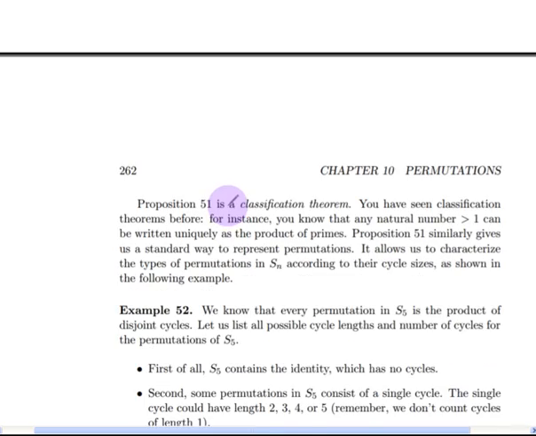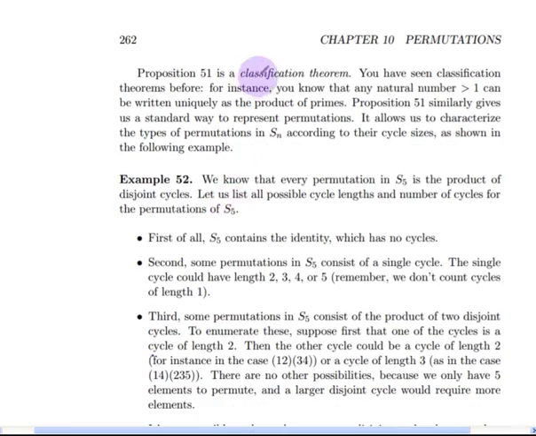This is called a classification theorem, or I said representation theorem, but it's a classification theorem. It says that you can classify permutations, and really what matters about the permutation is the cycles that it can be broken up into. If I have one permutation that has one cycle of length 2, another cycle of length 3, and another cycle of length 7, and some other permutation also has the same cycle structure, in some sense these are the same permutation.